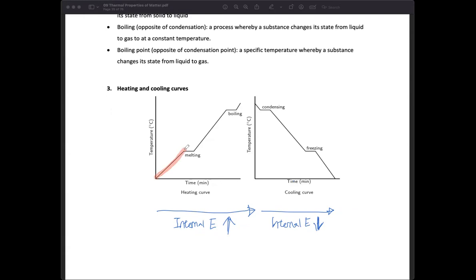Okay, this part is when the kinetic energy increases. And this part is where the kinetic energy decreases. Is that clear? So this part is where the KE increases, this part is where the KE decreases. Then the part where it's flat here is where the potential energy increases.